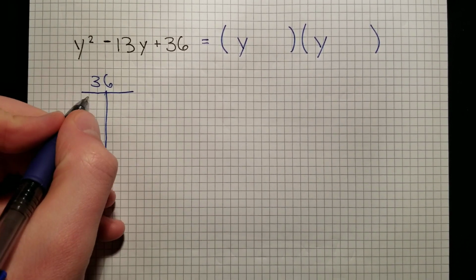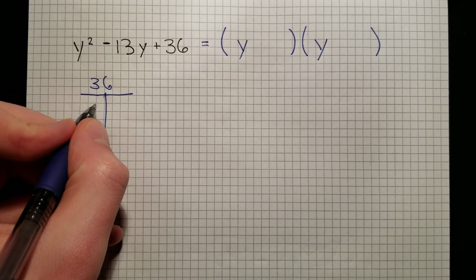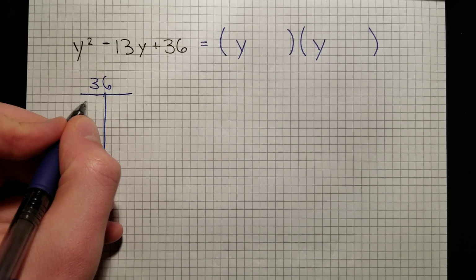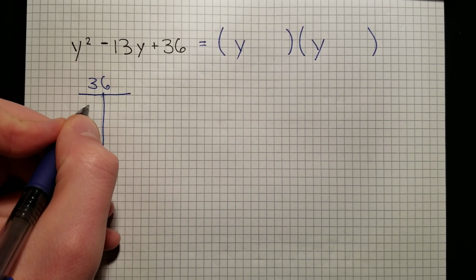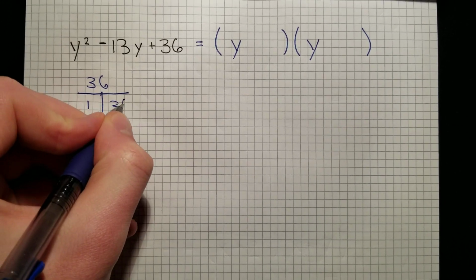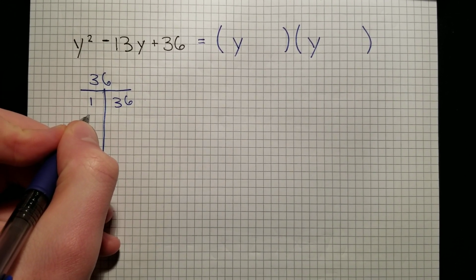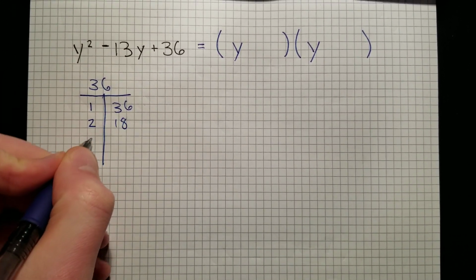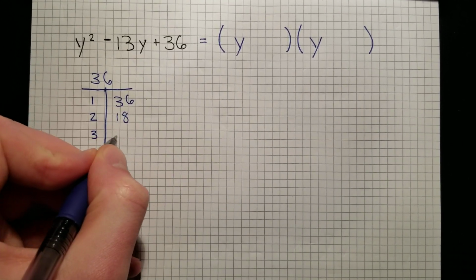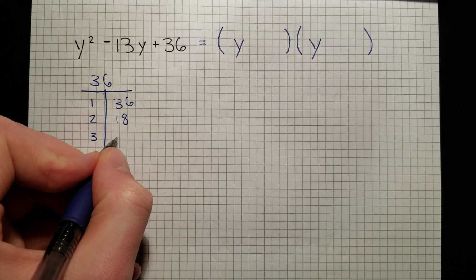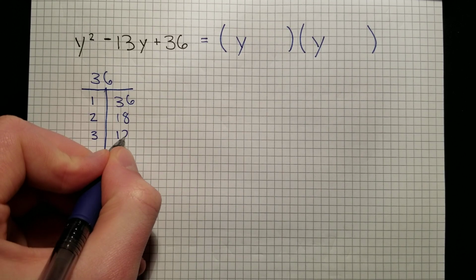So in this example, what are things that multiply together to get 36? Like 1 times 36, that always works. 2 times 18. 3 times 12.